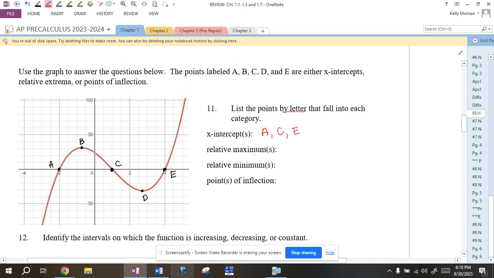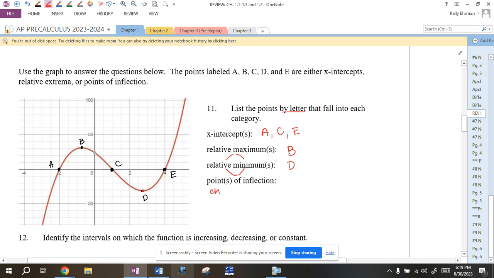Relative maximum, remember this is where the graph changes from increasing to decreasing. So it looks like point B is a relative maximum. And that's it. Relative minimum, where the graph changes from decreasing to increasing. That's got to be point D down here. Points of inflection.